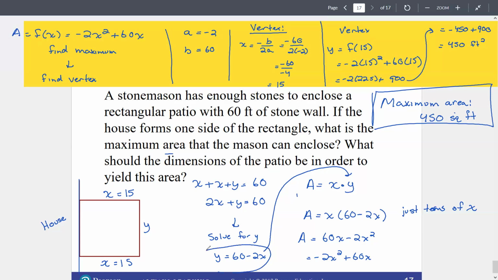Well, looking at y down here, we said x would have to be 15 because that's what gave us my maximum area. So we should be left with a 30 here.